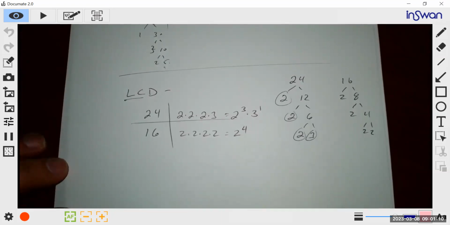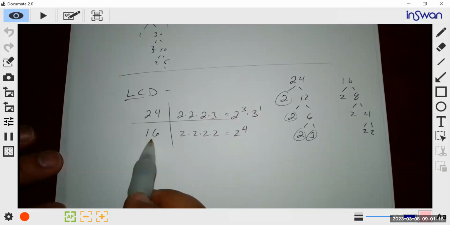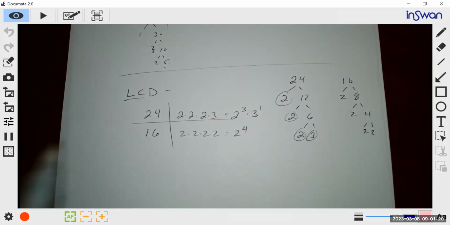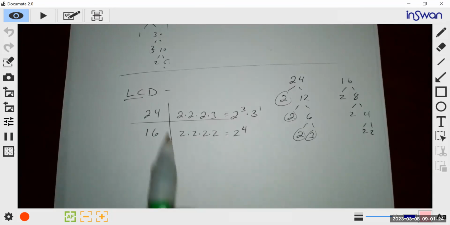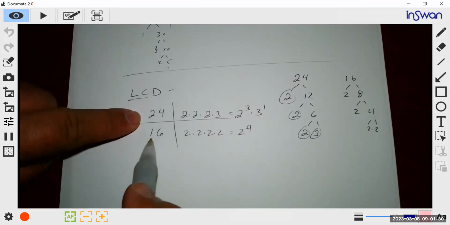So what's the smallest number that both of these numbers fit into? They have to fit into it, so it has to be bigger than 16. 2 fits into it. 2 is the smallest divisor, but the least common denominator is the smallest number that both of these numbers fit into. Has to be bigger than these.